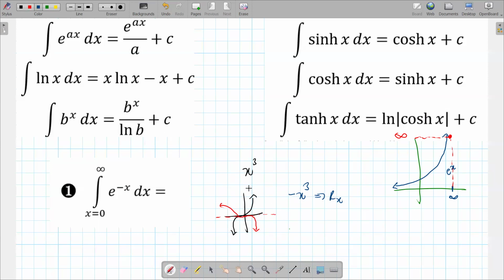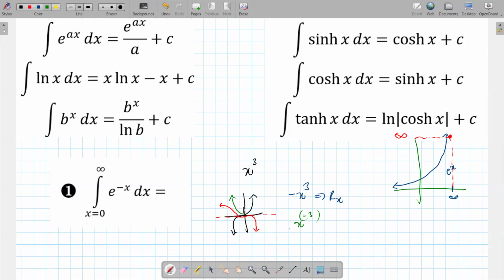If the minus sign is inside the function itself, by that I mean now this is going to get replaced, that is a reflection on the y-axis. If it's inside the function, it's a reflection on the y-axis.